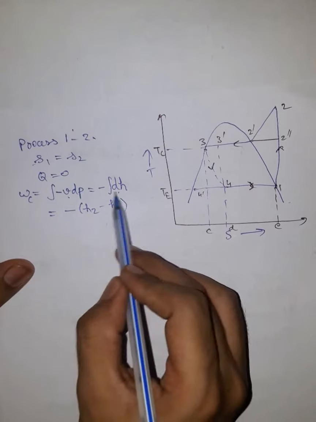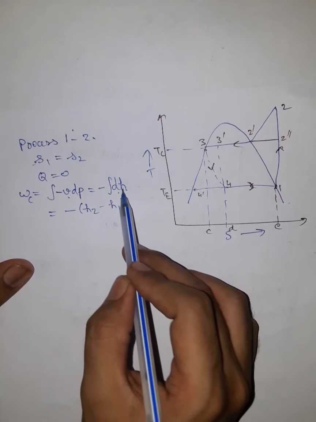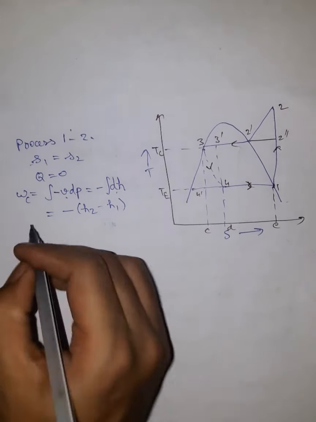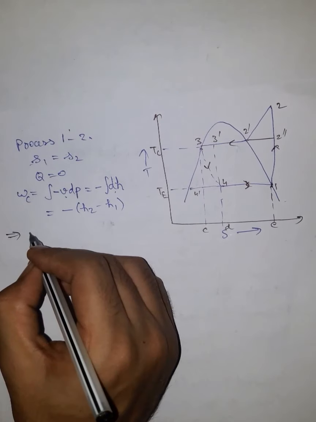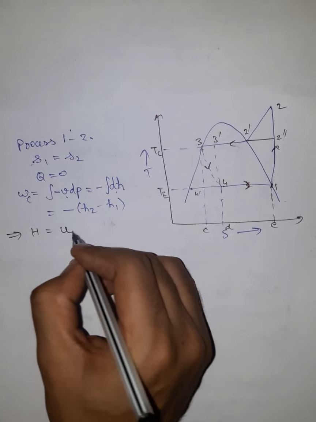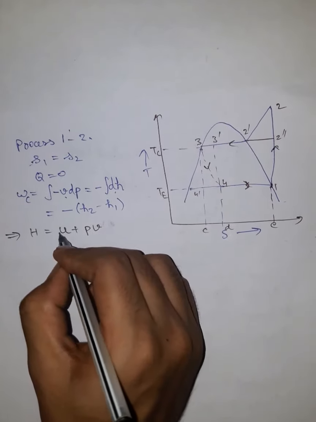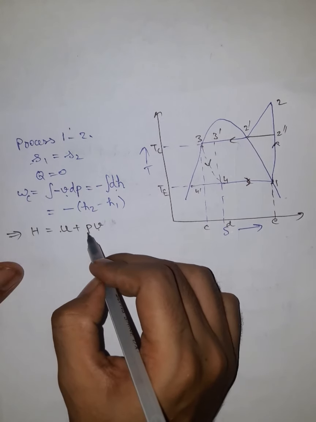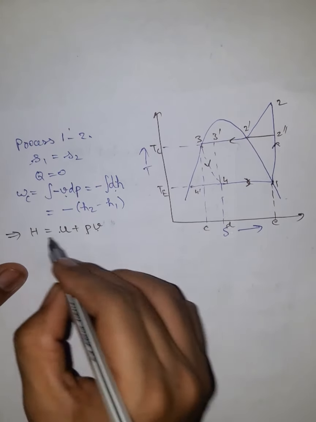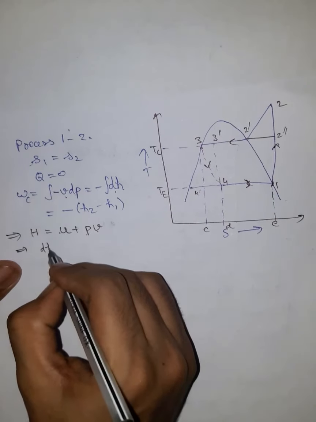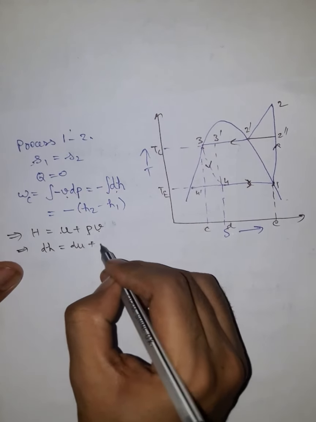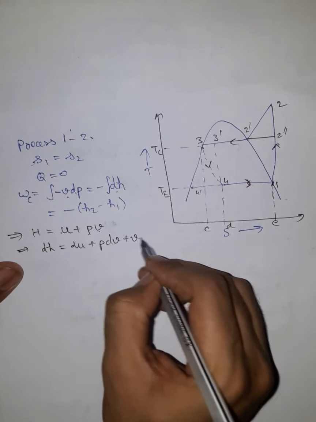Now how we derive this formula, that is integration of minus VdP to dH, let us see. We know what is H? H is enthalpy, and it can be written as U plus PV. Here U is the internal energy, V is the specific volume, and P is the pressure. If we differentiate it, we arrive at dH is equal to dU plus PdV plus VdP.